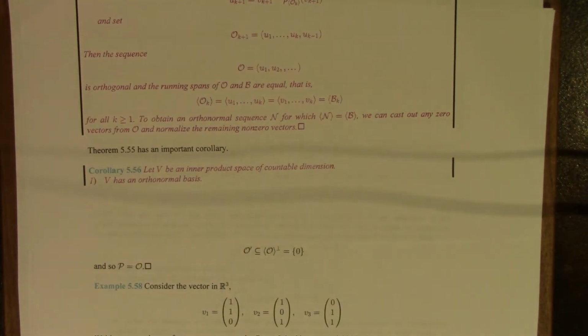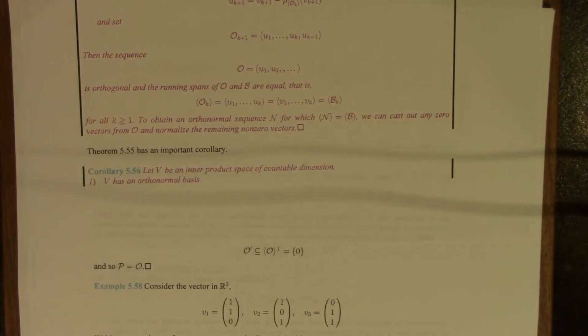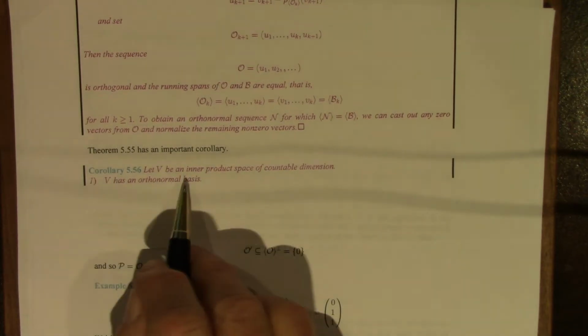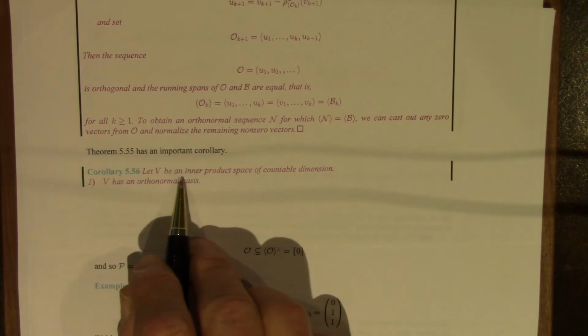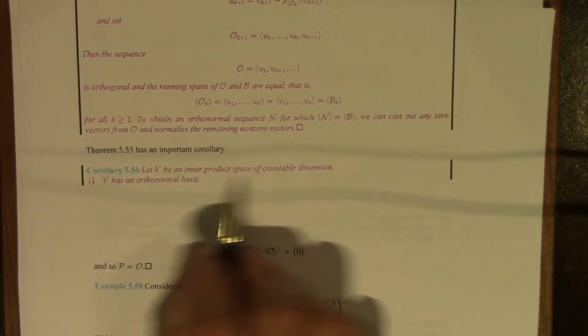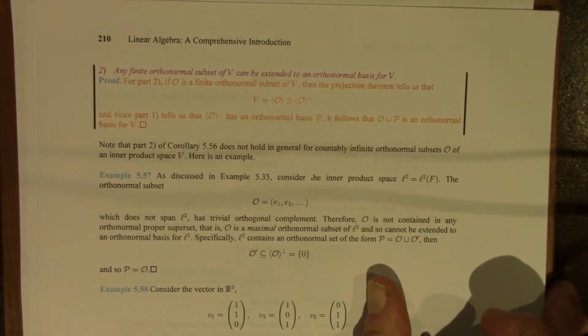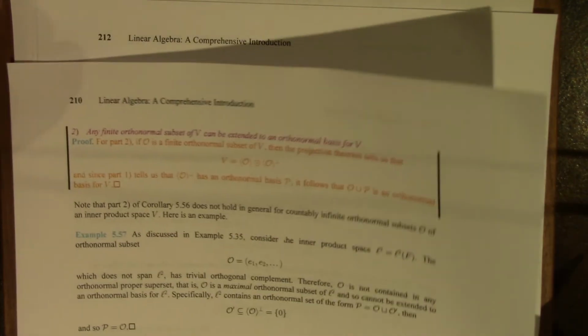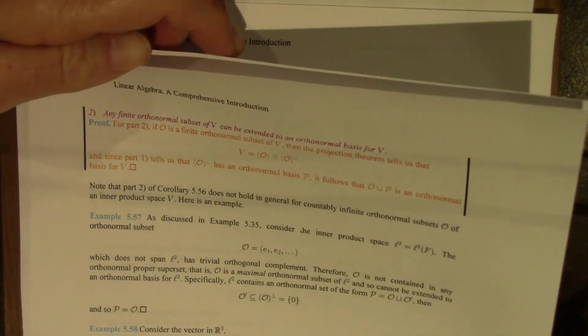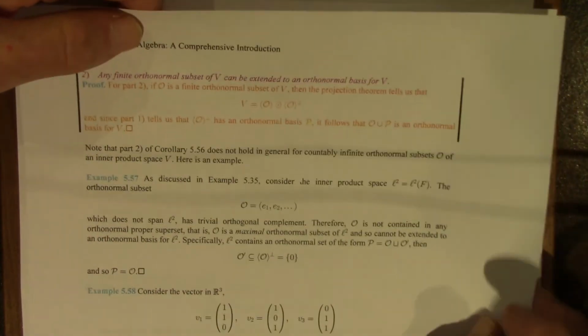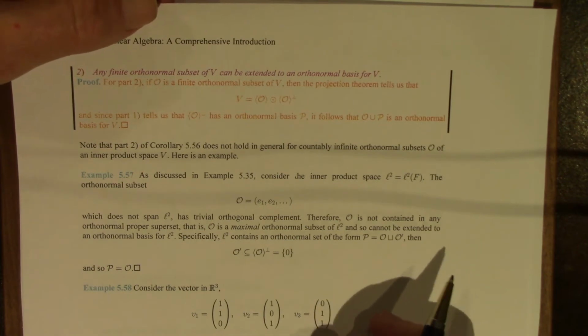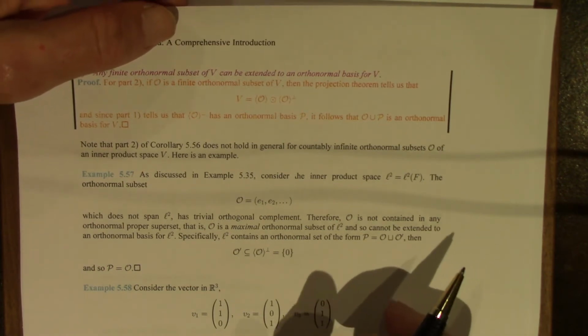We're going to discuss the issue of which inner product spaces have orthonormal bases and which do not a little bit later. It's not quite as simple as you might think. Anyway, an inner product space of countable dimension will have an orthonormal basis, and any finite orthonormal subset can be extended to an orthonormal basis for V.